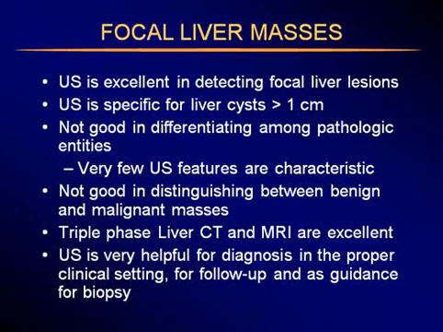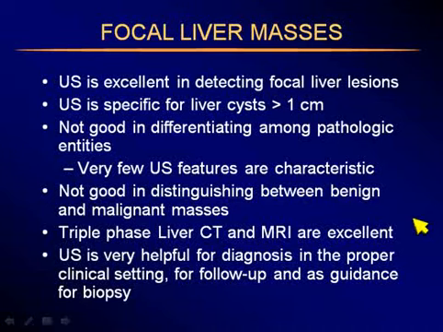But ultrasound is not good in differentiating among the different pathologic entities. There are very few ultrasound features outside of cysts that are characteristic of the mass itself, the pathology. We are not good in distinguishing between benign and malignant masses.